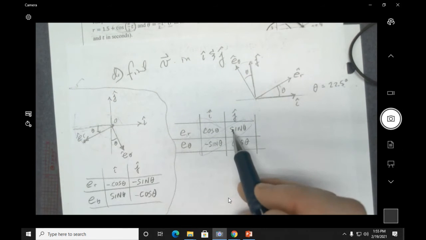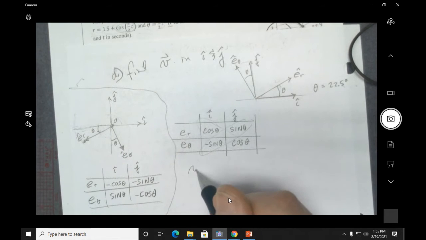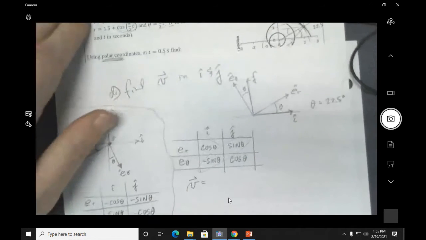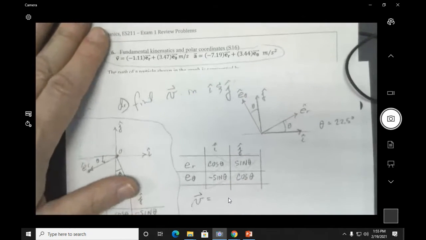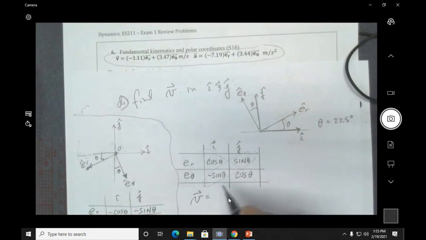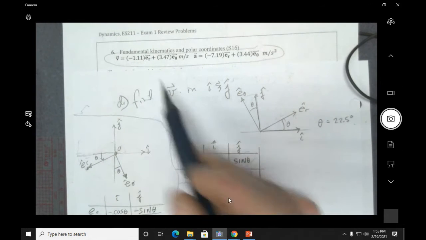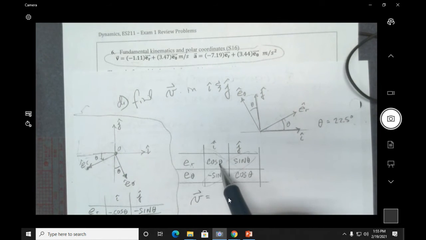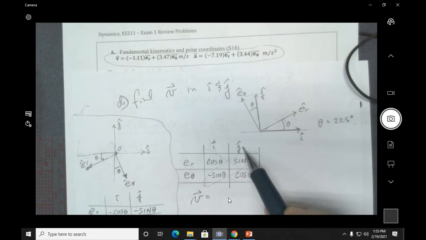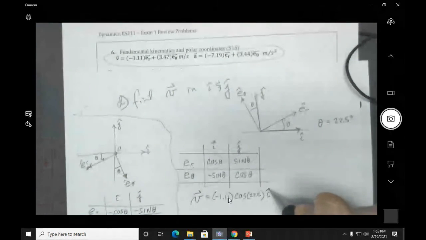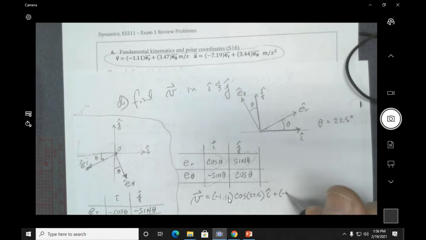So going back over to this problem right here, once we have this set up and we want to get the velocity, we take the velocity that we knew, here's what the answers were up here, and we want to take the r component and multiply it by this much of i, this much of j, right? So we take the negative 1.11 multiplied by the cosine of 22.5 i plus sine of 22.5 j.